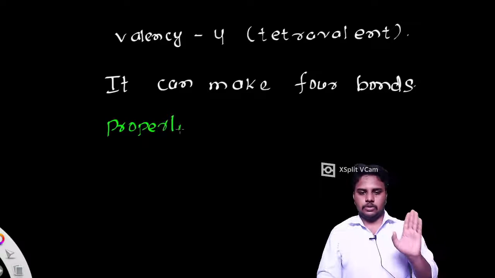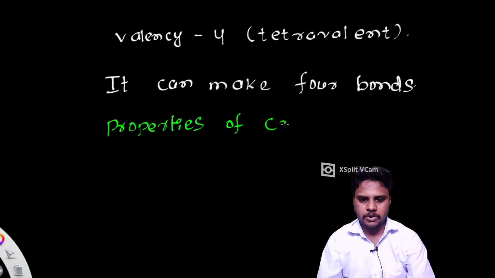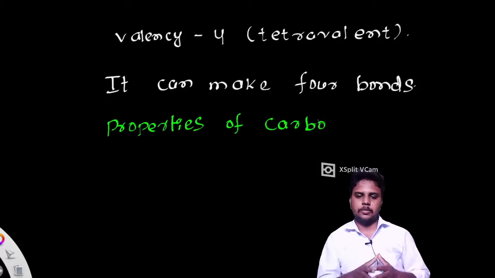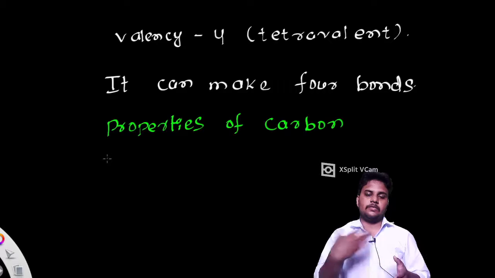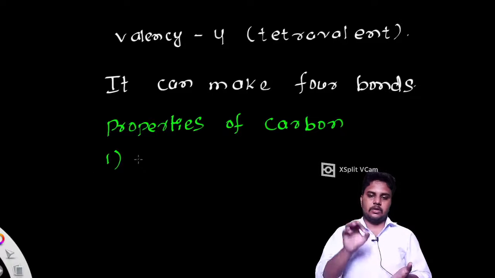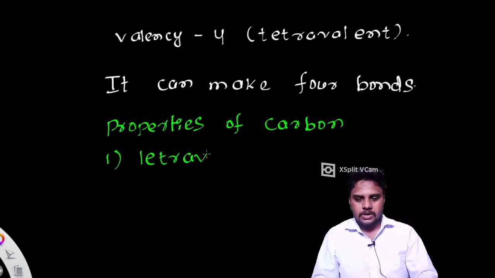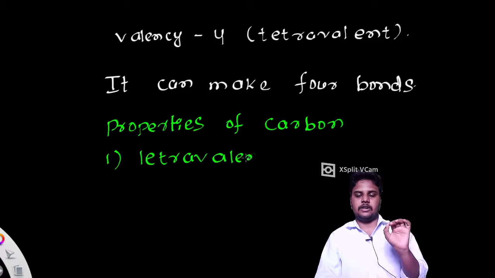Now what we are going to learn about are the properties of carbon, depending on this bond formation. The first property of carbon that we can study is tetravalency, that I told you. Tetravalency means the valence electrons are 4.